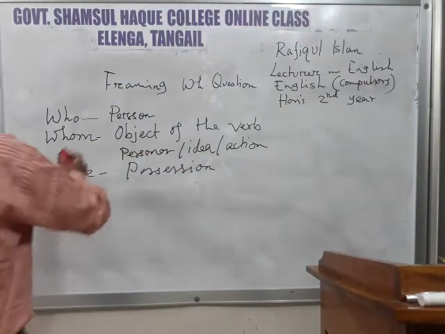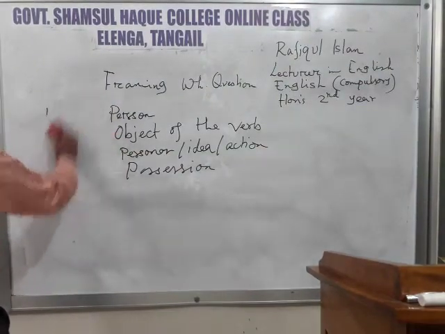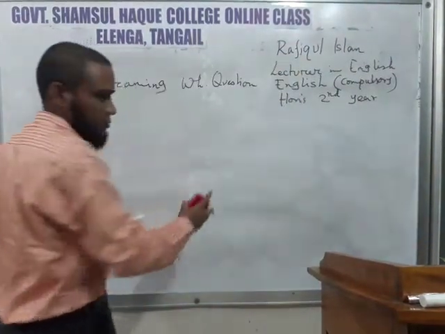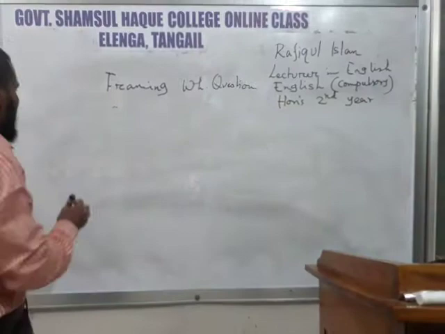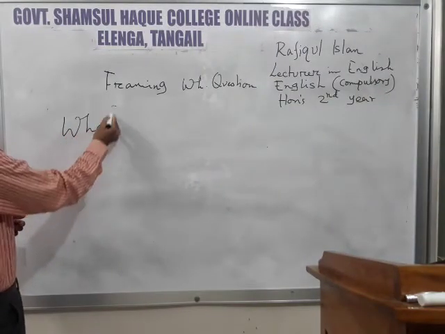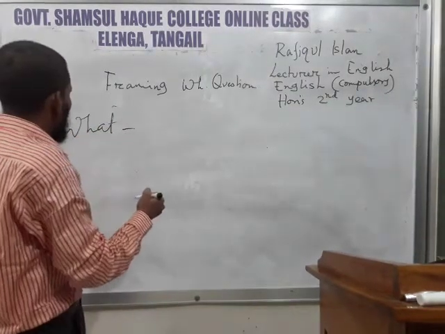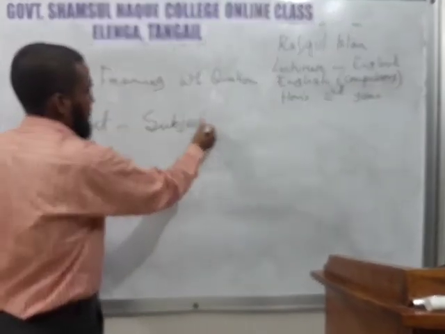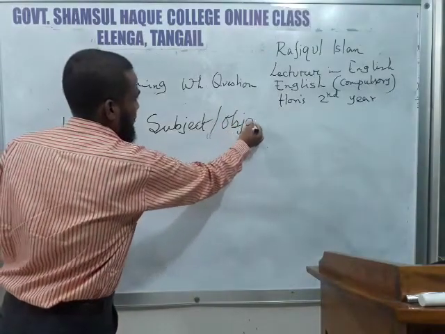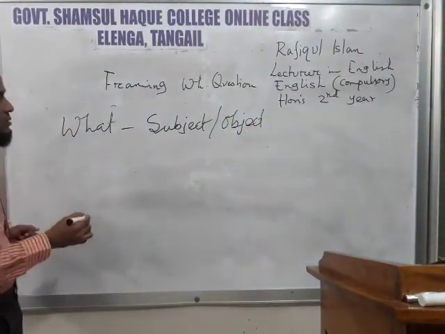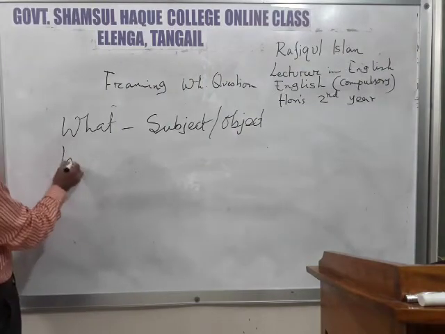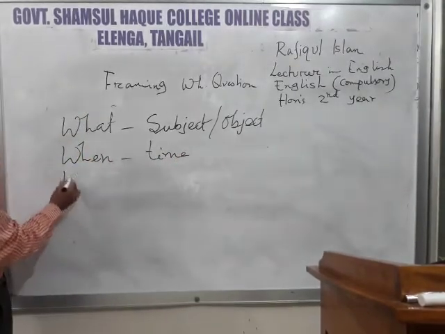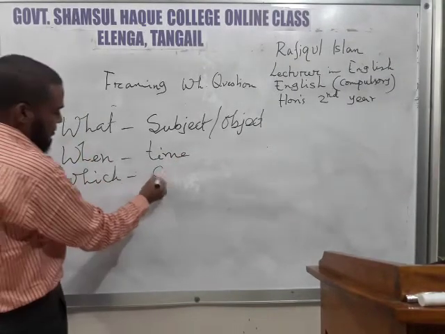The rest of the WH words are what, when, which, where, how, and why. What comes to mean subject, object at the same time. When means time. Which means choice.